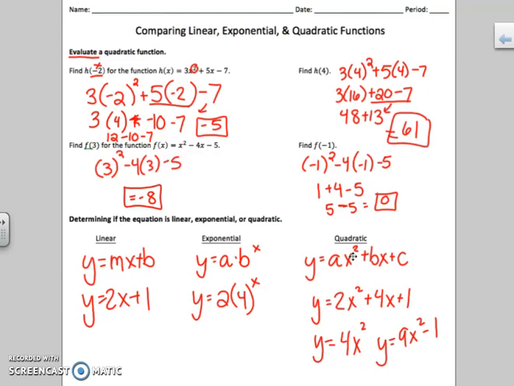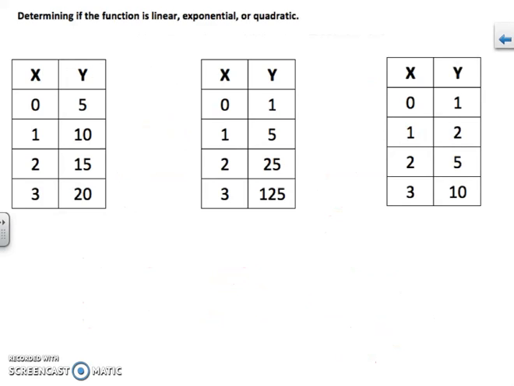Okay, so you don't have to always have 3 terms, but what is the common thing is you have x squared. So you need x squared for it to be a quadratic. Okay, so the tricky thing is exponential and quadratic. So the x is in the exponent for exponential, but 2 is the exponent for quadratic.